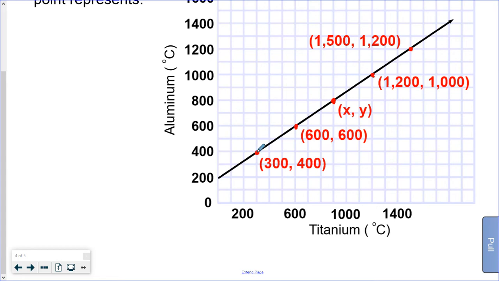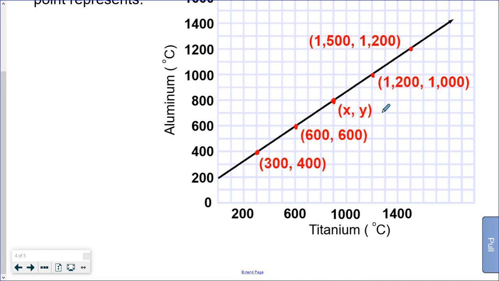So this first ordered point right here is at 300, 400. That means when the titanium metal is 300 degrees, the aluminum is going to be at 400 degrees. This one here is representing 600, 600, which means when the titanium is at 600 degrees, the aluminum is at 600 degrees.